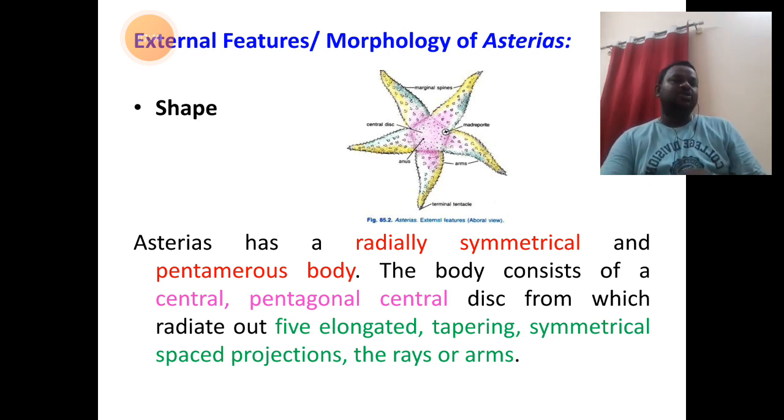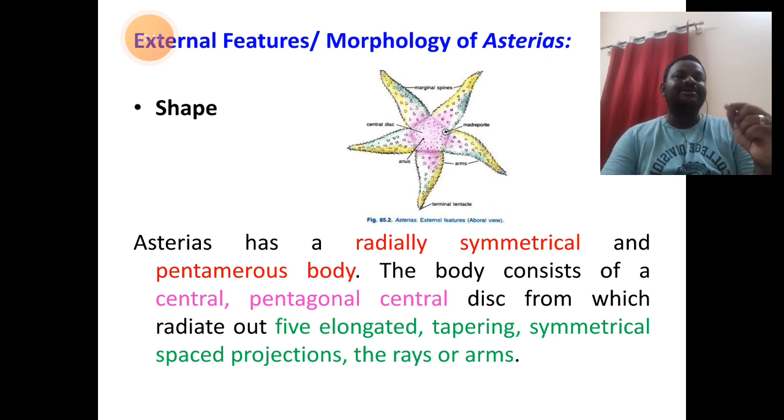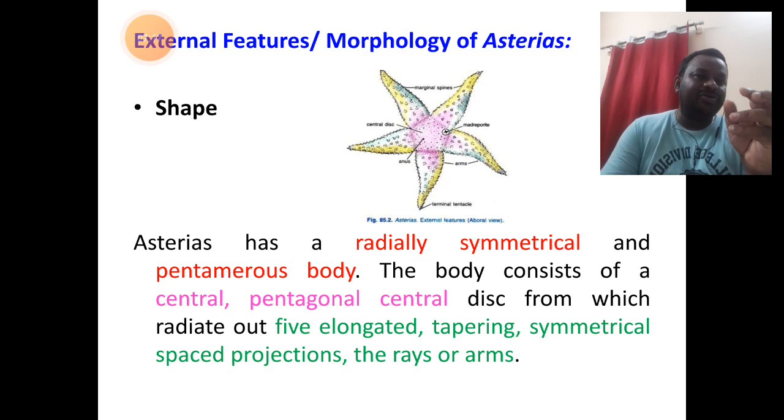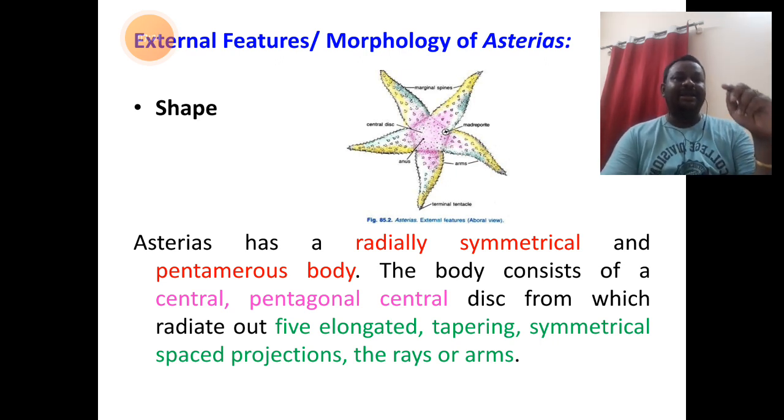The body consists of a central pentagonal disc. When you look keenly at the picture depicted here, the central pentagonal part is called the central disc.